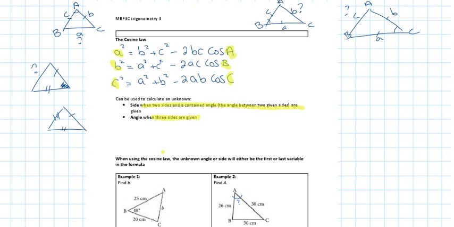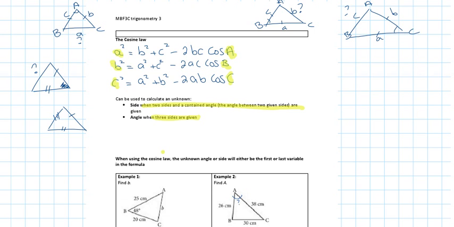Now, if I'm given all three sides, that means I'm looking for an angle. What do I need to do to the formula in order to find the formula that I have to use? You have to shift them around to bring the thing you want on one side.